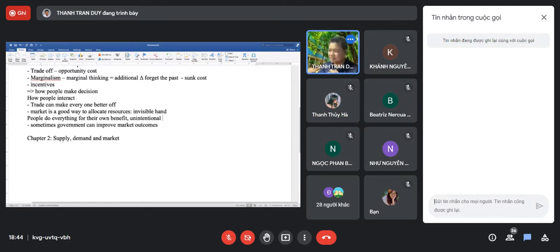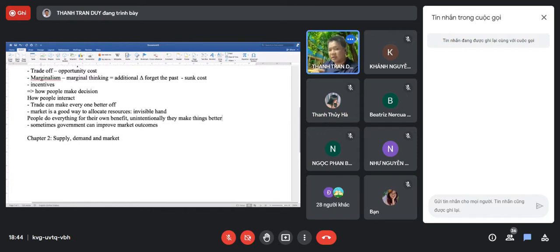People do everything for their own benefit. Unintentionally, they make things better. I make it simple. It means that in the market, there is a buyer and seller. When I buy anything, I buy it for my own benefit.